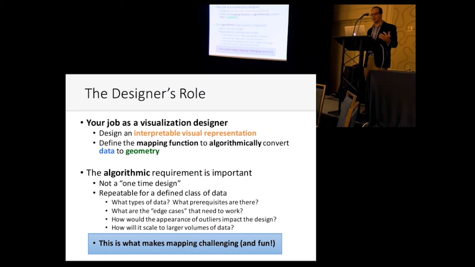We have to think about outliers, we have to think about edge cases, we have to think about the types of data we're dealing with and any prerequisites about transforming and the analysis and focus step. We also have to think about what will happen if we scale to larger volumes of information, and how that visual design will work. And so all of this makes this mapping process challenging, but also fun. It's like solving a puzzle. How can we solve this generally?